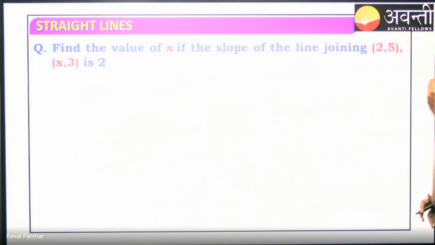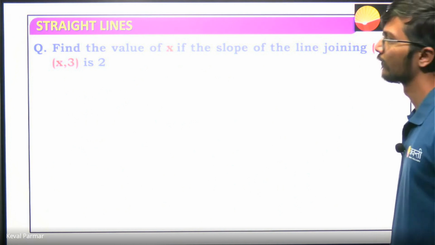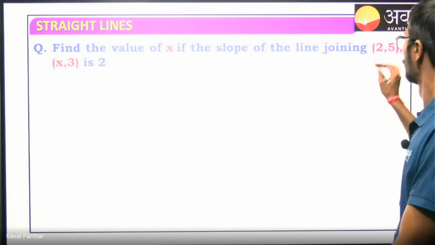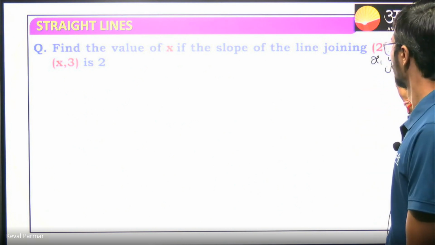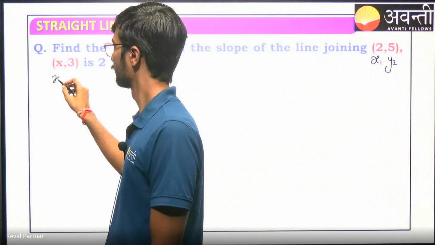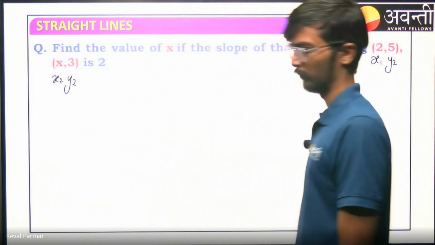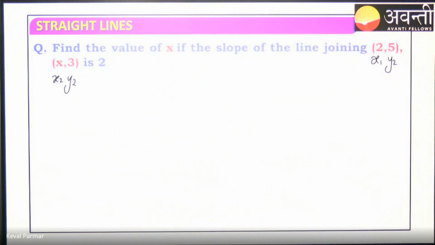So let's say this is the question. I think you can do it mentally also, right? Such a simple question it is. Let's see who gets the answer first. Find the value of x if the slope of this line is 2. So let's say this is x1, y1. This is x2, y2. Anyone got the answer? We have to use the formula of slope. Come on, guys.